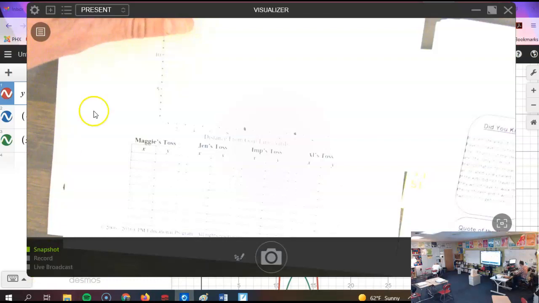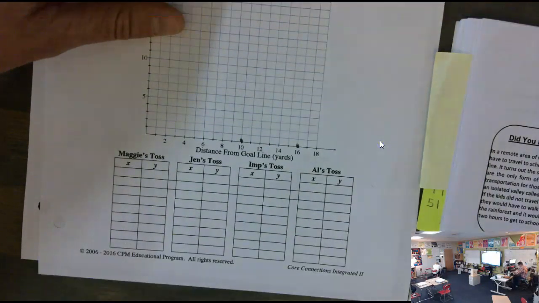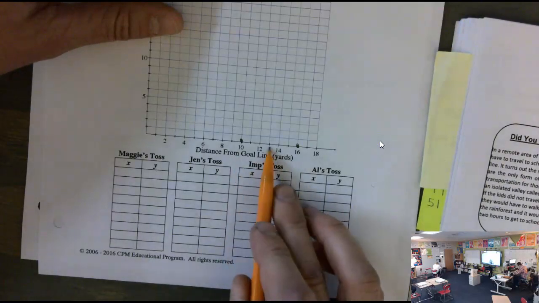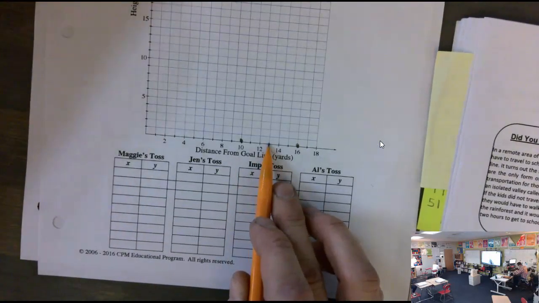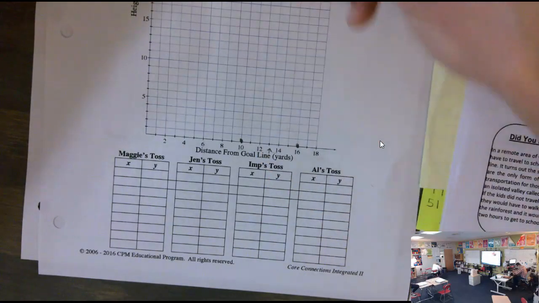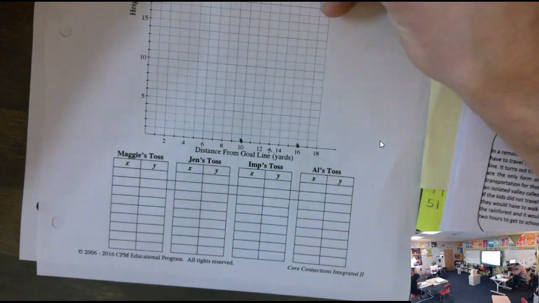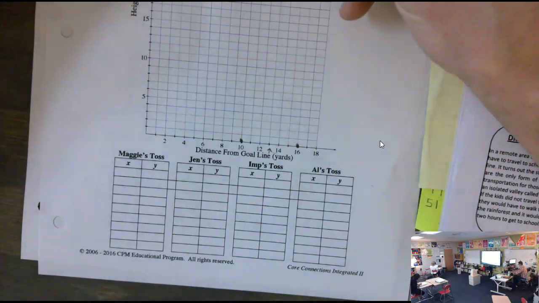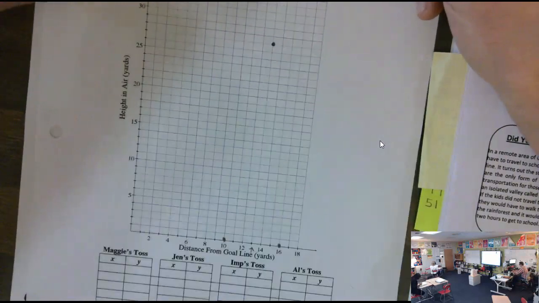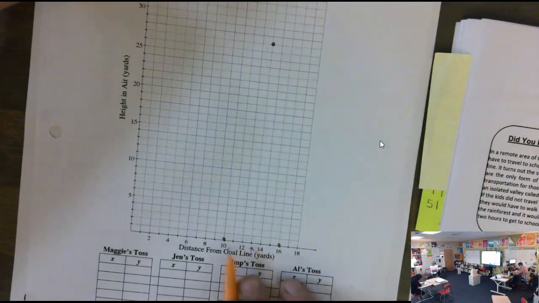And we know the peak of the balloon is halfway. Right? So what number's halfway between 10 and 16? Oh, 13. So we know things peak halfway. It goes up to 27. So guys, if you wanted a couple more points to make this nicer, pick some numbers in between, like 12 and 14, or 11 and 15. Right?